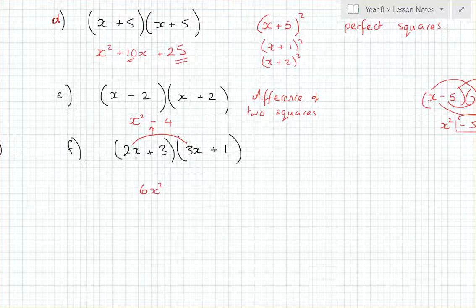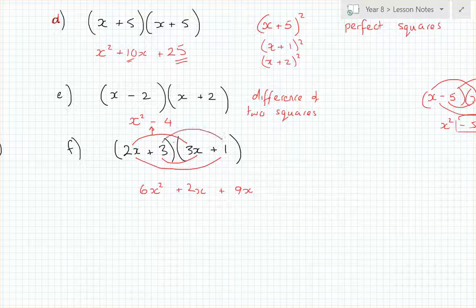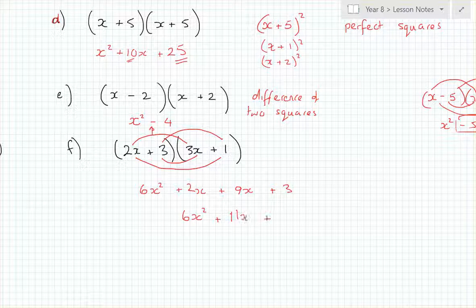Then we do plus 2x, okay? And then we've got plus 3 times 3x is 9x. And then finally, plus 3 at the end. So we end up with 6x squared plus 11x plus 3. Okay?